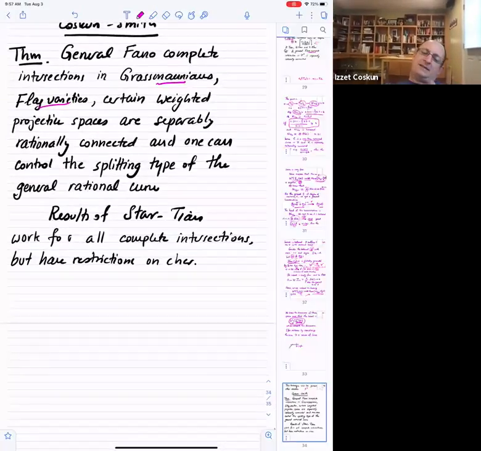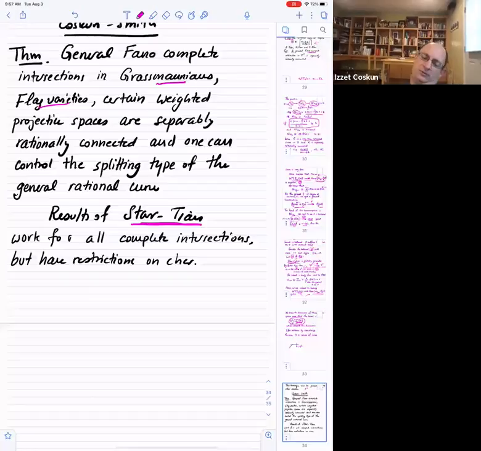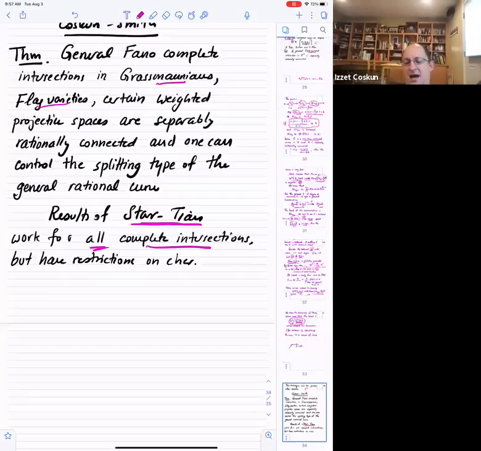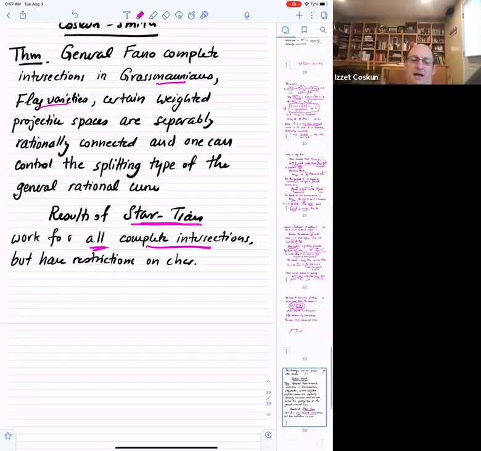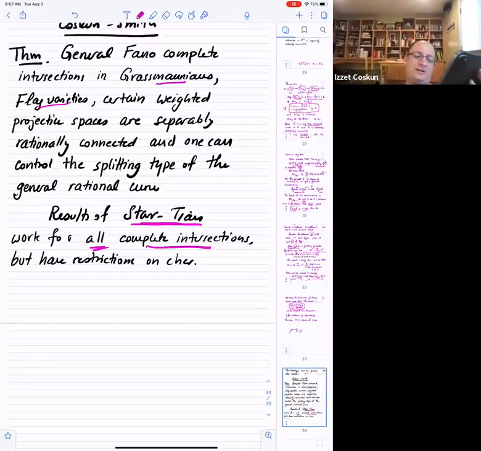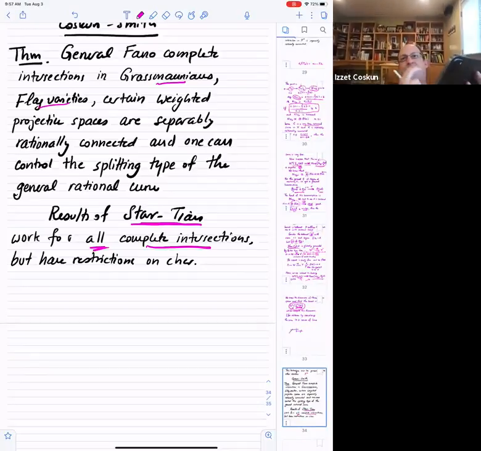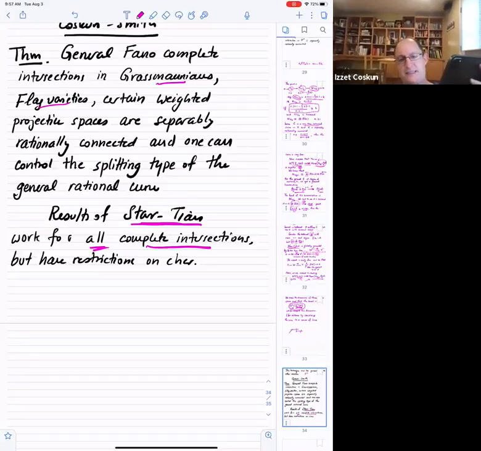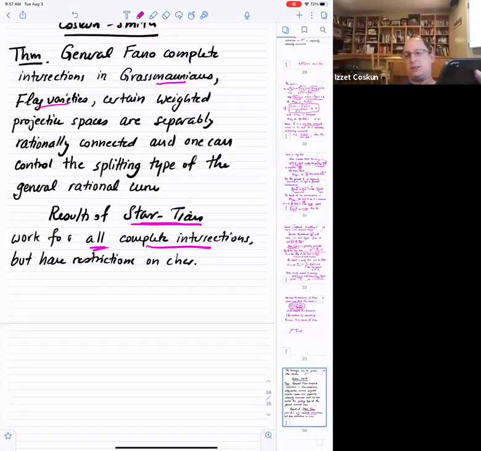Let me point out that there are some results with different techniques that work for all complete intersections. János Kollár's question is, if you have a smooth Fano variety, it should be separably rationally connected. We are saying the general one is. So there is some distance between all smooth ones and the general one.